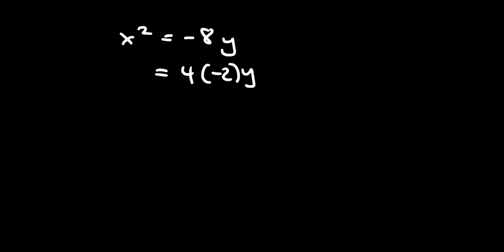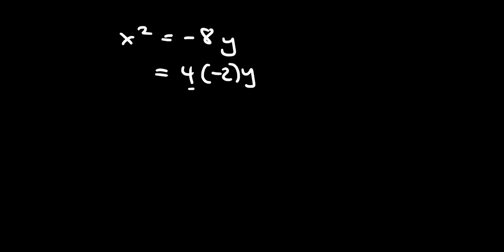So we are given this question, x squared equals that. What do I do from here? You factor out the 4. When you factor out 4, you remain with negative 2 and y. You always factor out a 4 there, because that's the general form of the parabola.